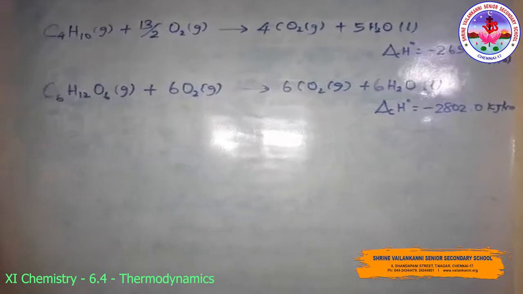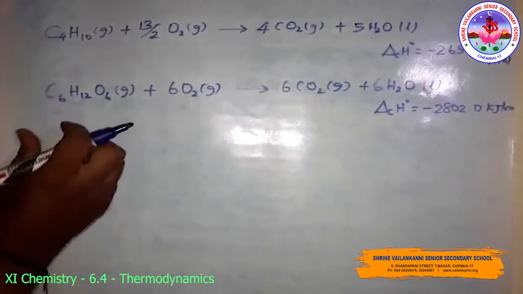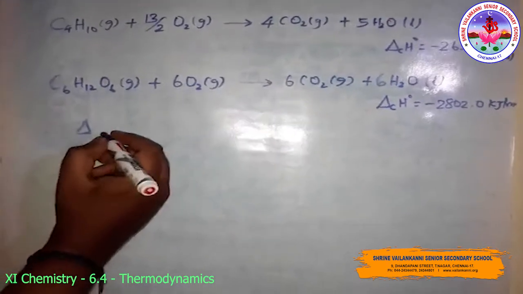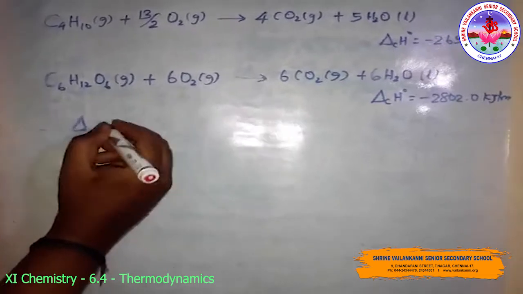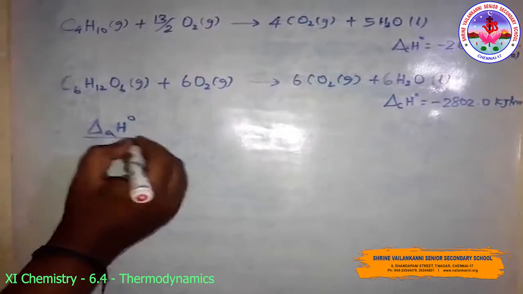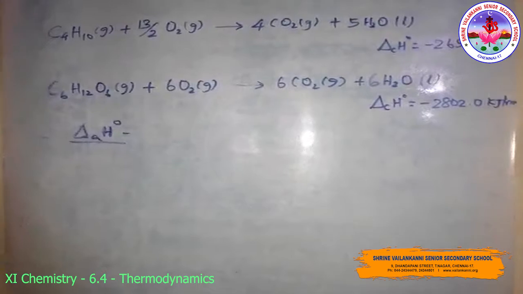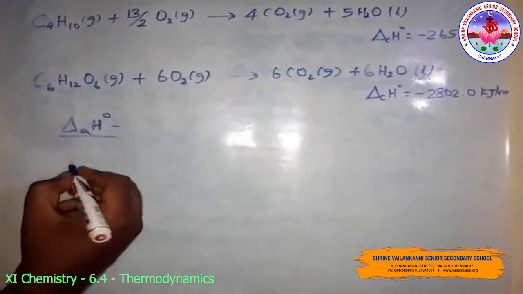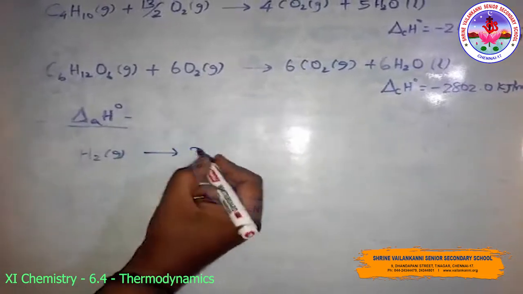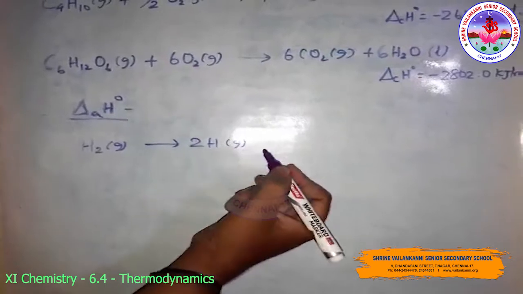Next is the enthalpy of atomization. The symbol is delta H naught A. See this example reaction: hydrogen gas produces 2H, that is 2 hydrogen atoms in gas phase.